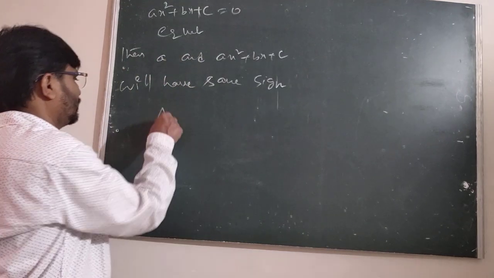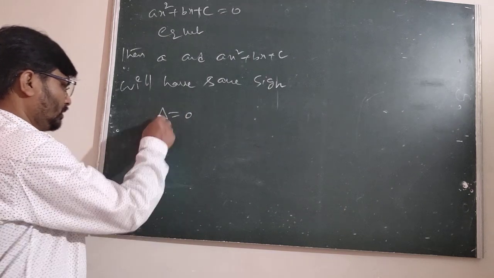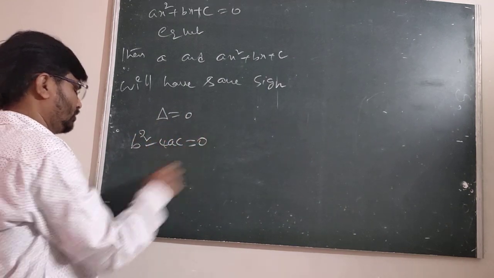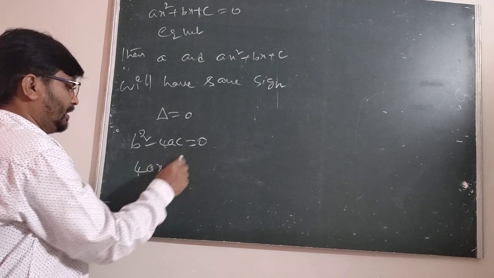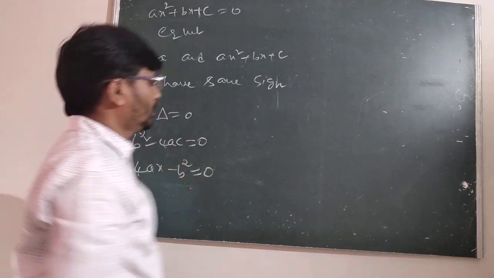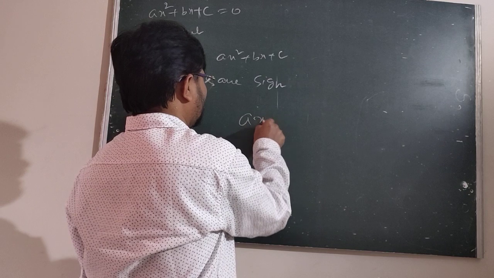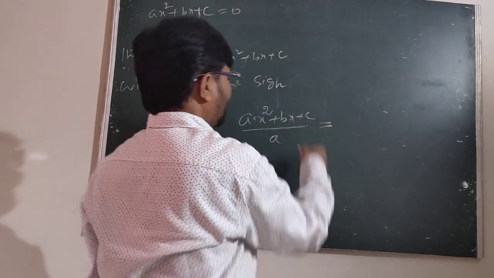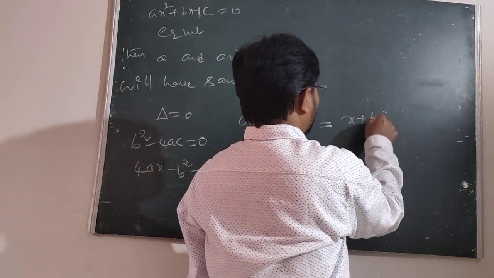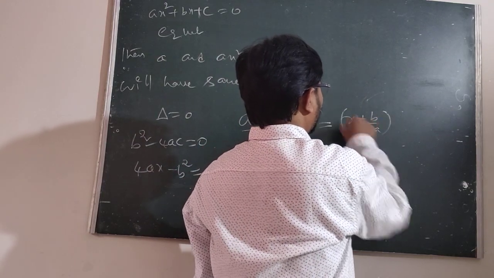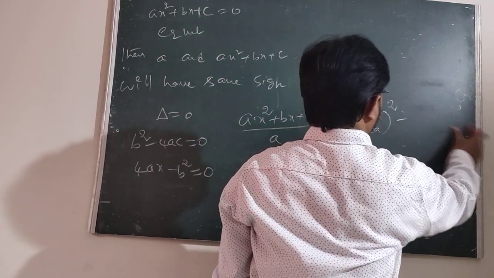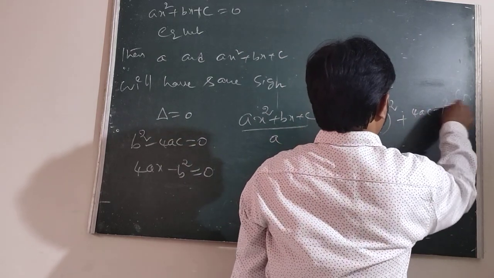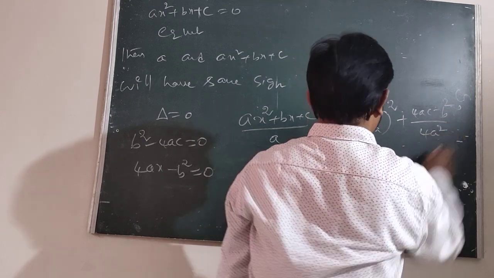Therefore, roots are equal. That means the discriminant is 0. Now we can write b square minus 4ac equal to 0, so 4ac minus b square equals 0. Now the expression, we know that ax square plus bx plus c by a can be written as x plus b by 2a whole square plus 4ac minus b square by 4a square.